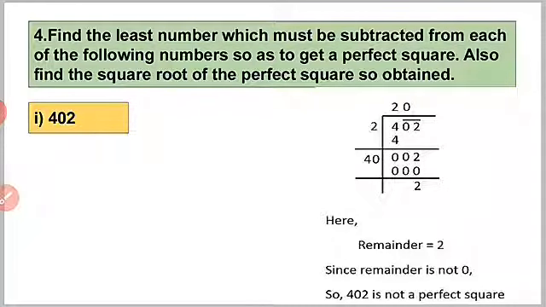The fourth question is, find the least number which must be subtracted from each of the following numbers so as to get a perfect square. Also find the square root of the perfect square so obtained. Now let's see the first part. It is 402.